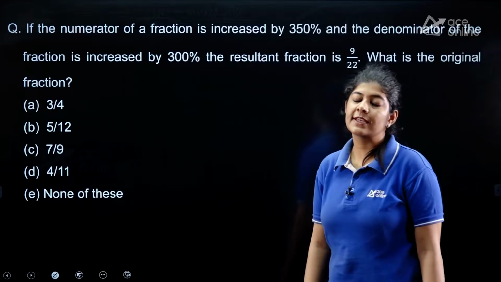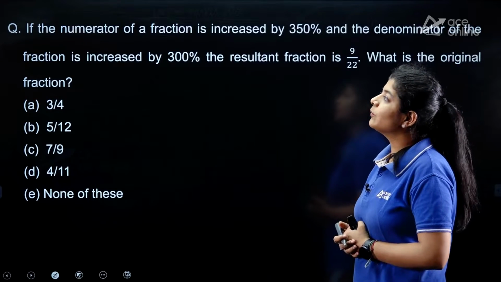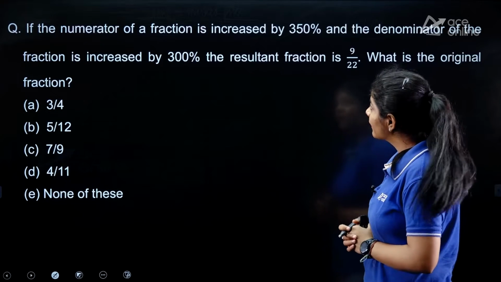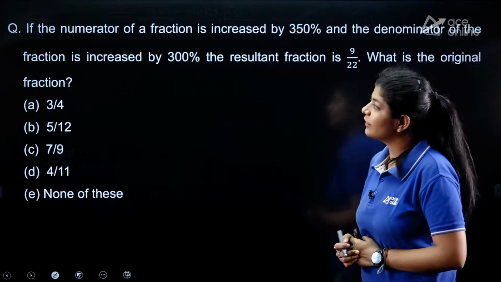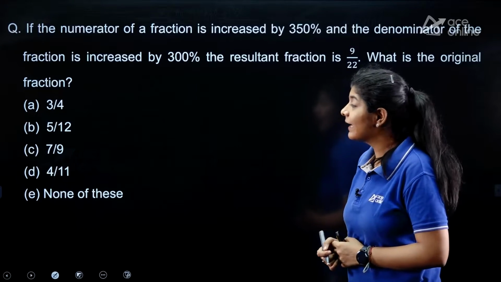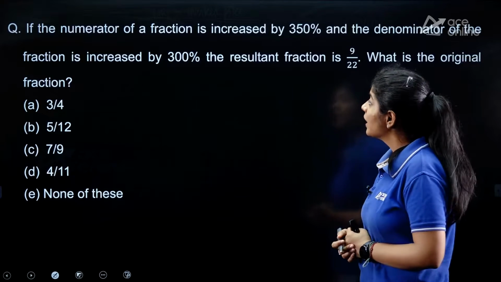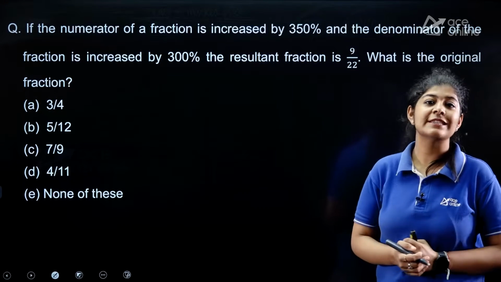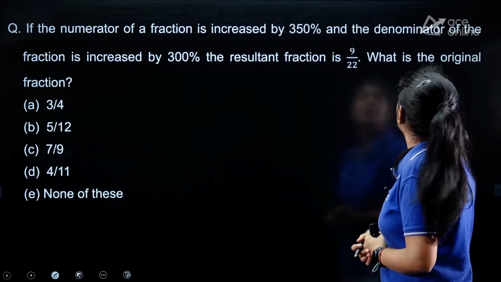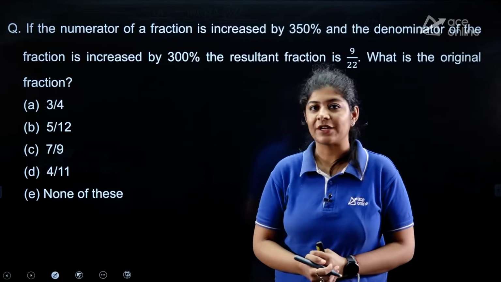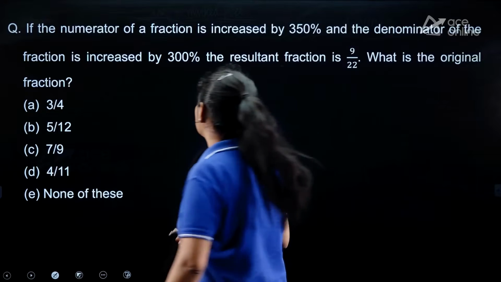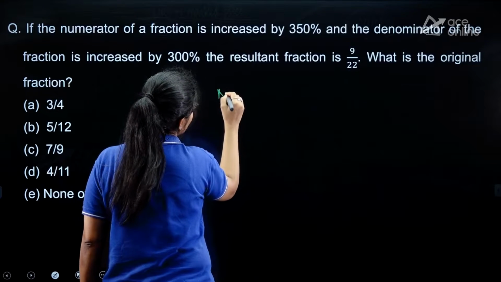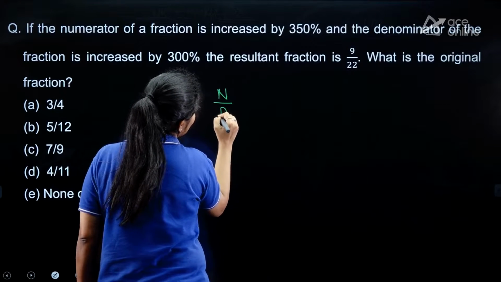The next question says that if the numerator of a fraction is increased by 350% and the denominator of the fraction is increased by 300%, the resultant fraction is 9 by 22. What is the original fraction? This is a very simple question, right? We have a fraction like this, numerator and denominator.